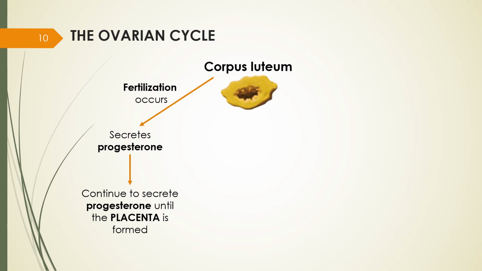This progesterone will continue to be secreted until the placenta is formed. Okay, why do I need that? To protect the zygote until the full placenta is formed. So this corpus luteum, by secreting the progesterone, will protect the zygote.